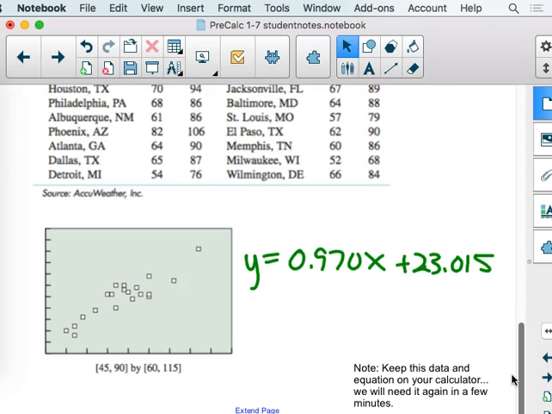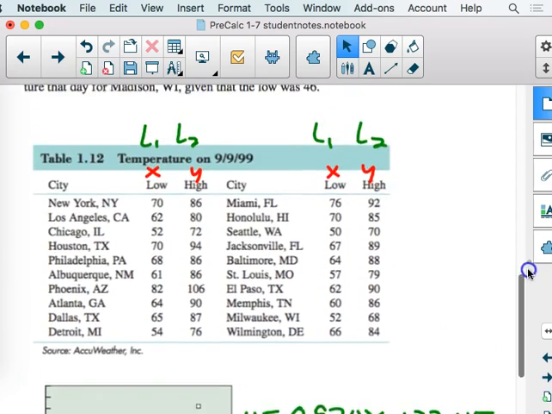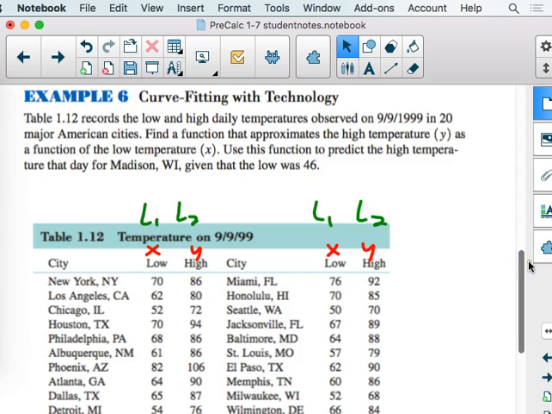Now that we have our formula, we can make predictions about what they wanted. And what they wanted was to predict the high temperature for Madison, Wisconsin, if its low was 46.